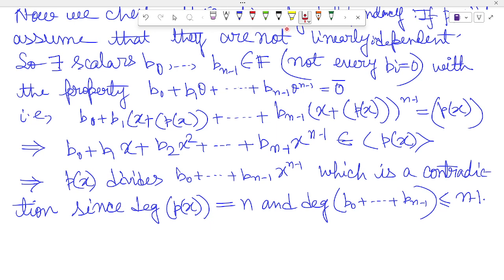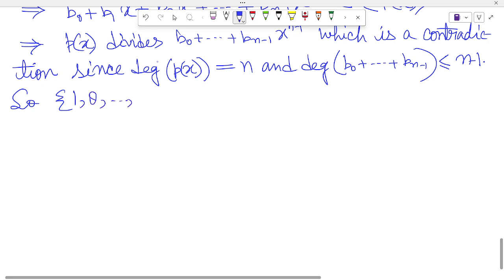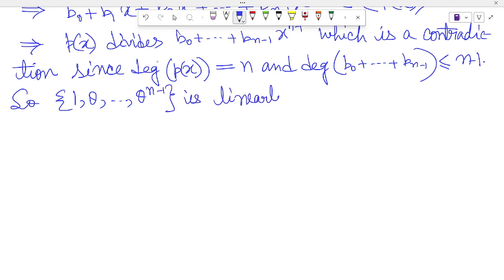So why does this contradiction arise? Because we assumed that they are linearly dependent. So they are linearly independent.